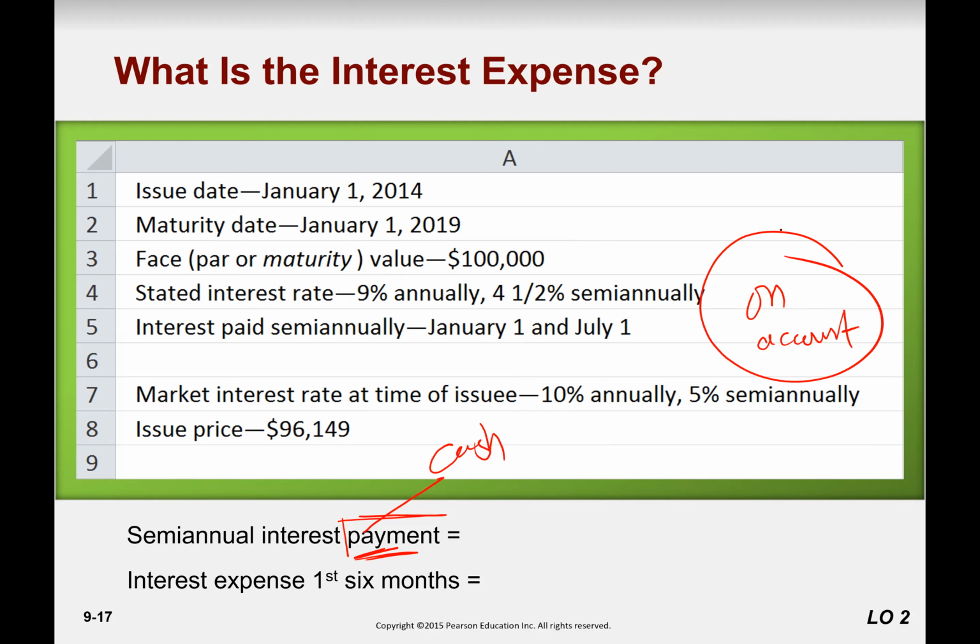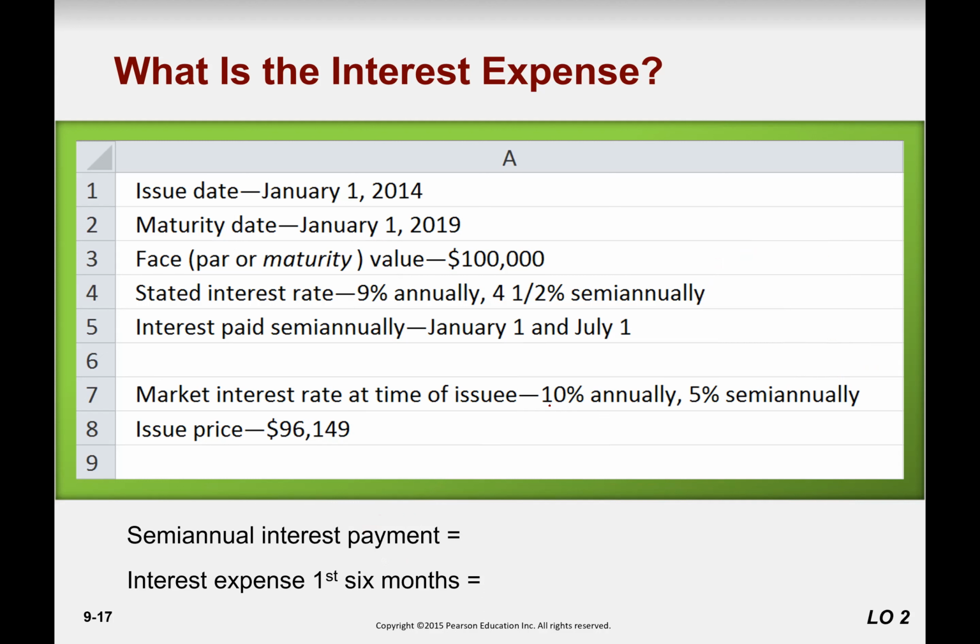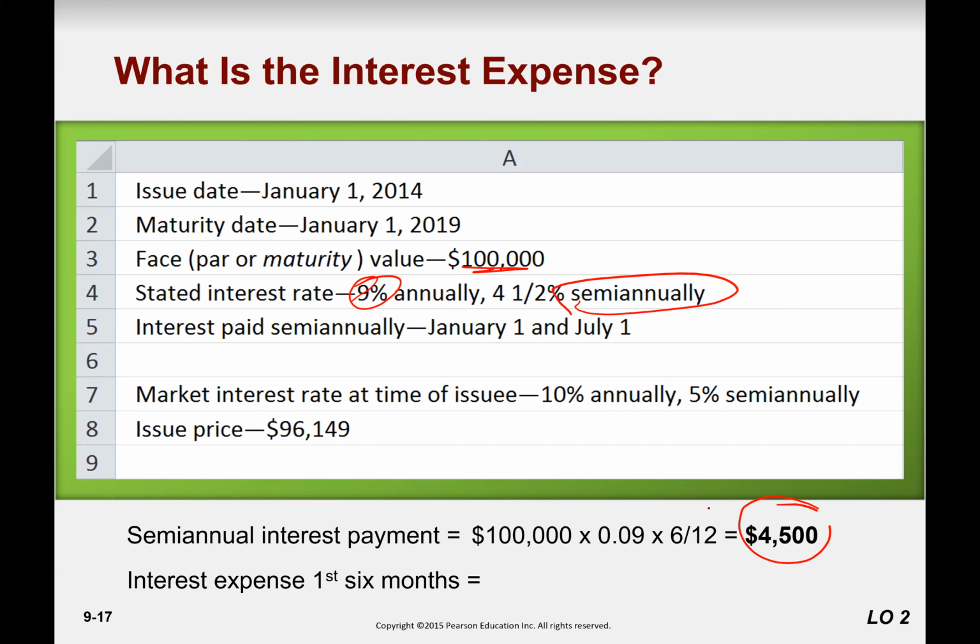But payment means cash is decreased. So payment equals face value multiplied by coupon rate multiplied by the payment pattern. Semi-annually, 6 by 12, 4,500.